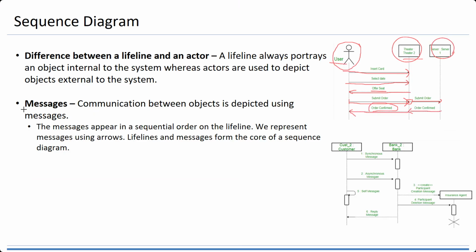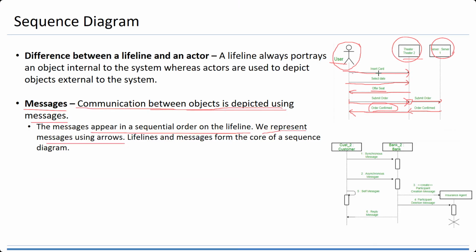In some cases, you need to have the messages. The messages means we are going to communicate between the objects. So communication between objects is depicted using messages. The messages appear in the sequential order of the lifeline. We represent messages using an arrow.